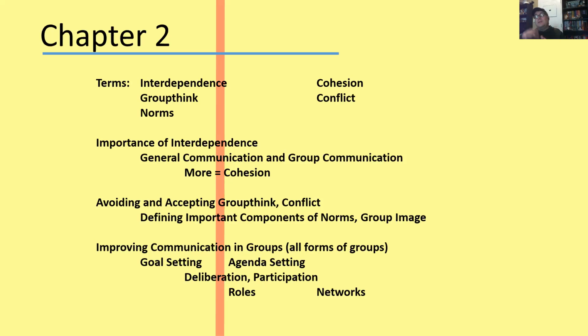And so when we talk about the techniques to overcome it, one of the things you have to do is identify what groupthink is. We talked about that in class. We have to identify that groupthink does occur, and sometimes you have to be that person.